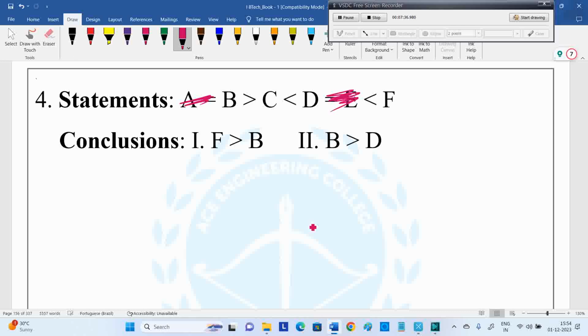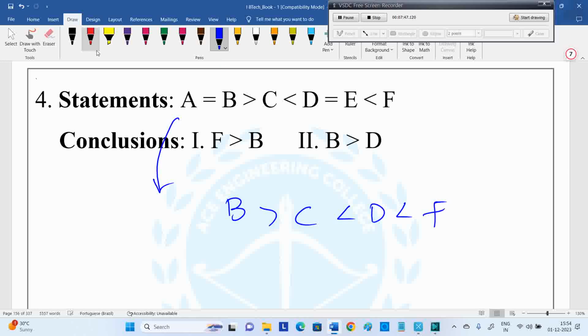As equal is there, I said take one among those variables only. I can take the question like B greater than C less than D less than F. Among D and E, I am taking D only. Why only D? D is in the option conclusions. Among A and B, why only B did I take? They did not discuss A. Only B is in the conclusion.